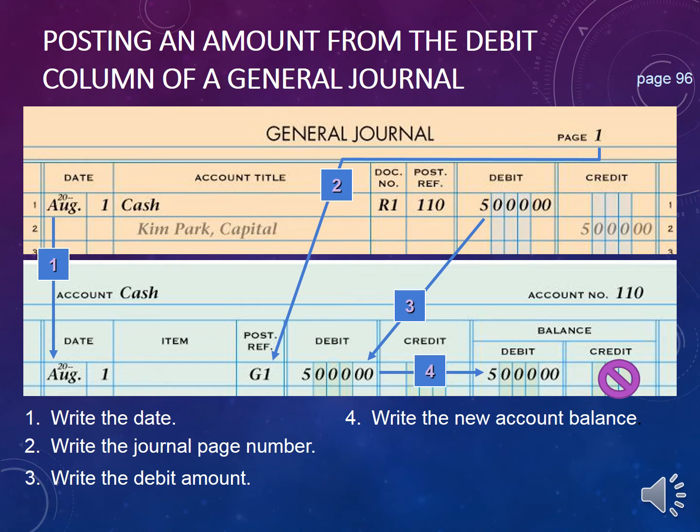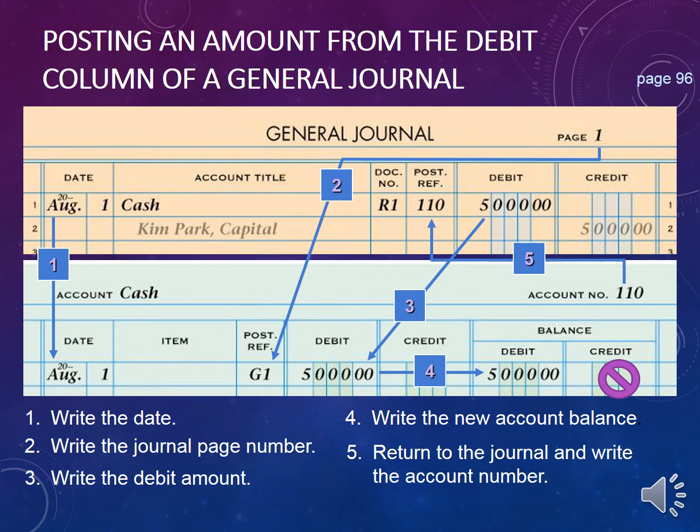The last step is to go back to our general journal. In the post reference column, record the cash account number 110. Remember, this represents the fact that we have posted this into our general ledger. Recording posting numbers in the general journal is the last step every time you record a transaction.